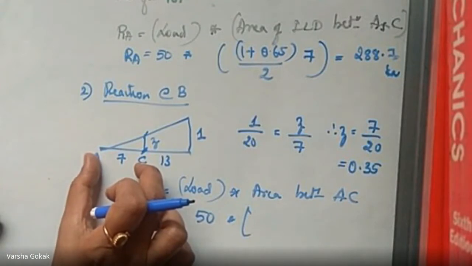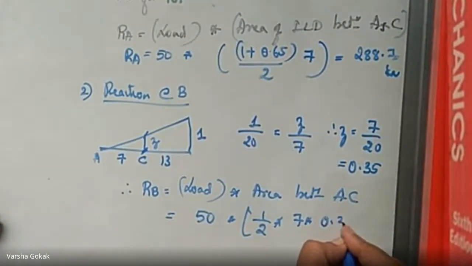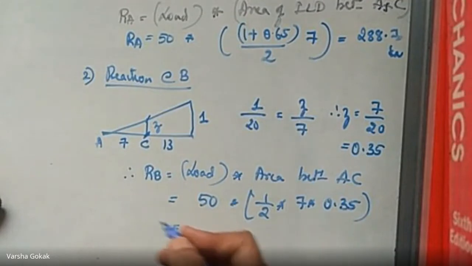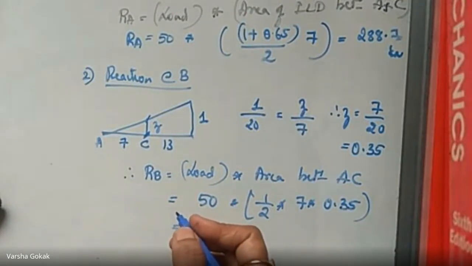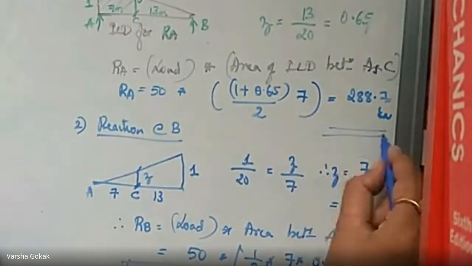It is nothing but the triangle. So it is half base into height Z, which you found to be 0.35. What is this value? 61.25. 61.25 kilonewton. That is the value of reaction RB. And this is the value of reaction RA.